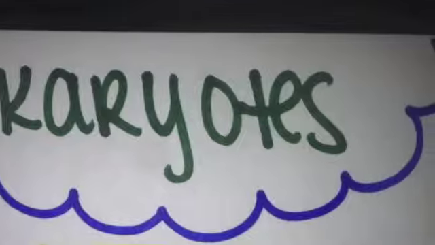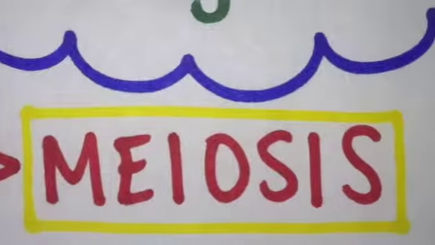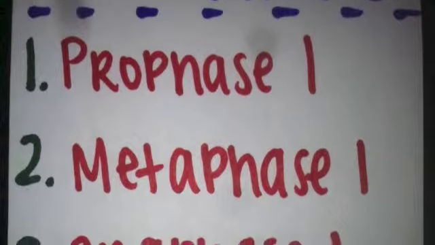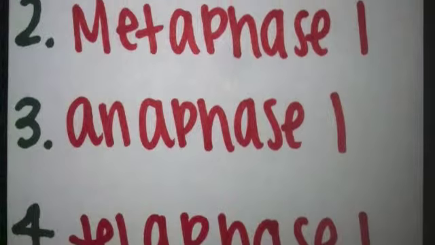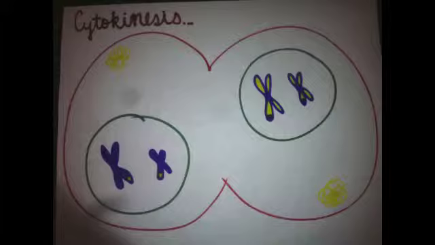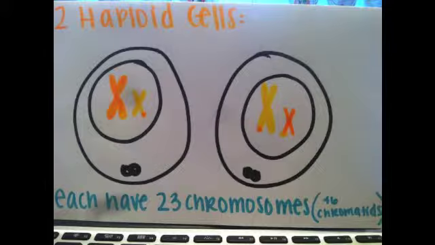In eukaryotes, interphase begins, and then meiosis. It is 4 phases: prophase 1, then metaphase 1, after that anaphase 1, and telophase 1. Last is cytokinesis, which divides a cell. Then we're left with 2 haploids.